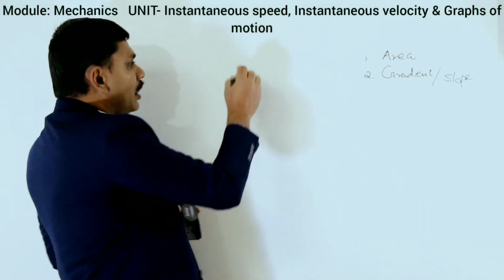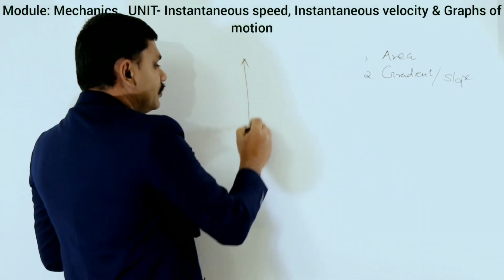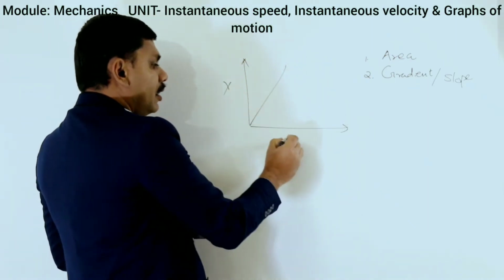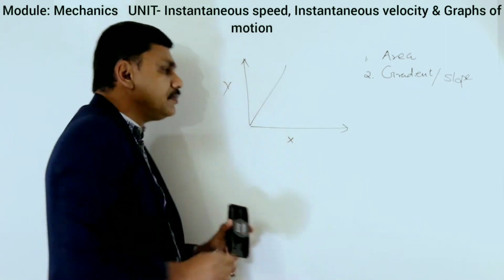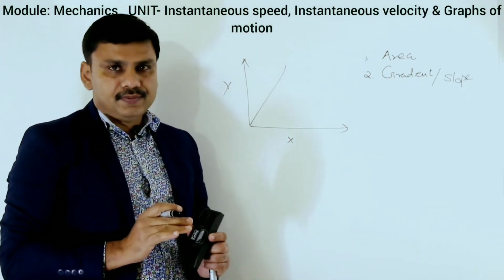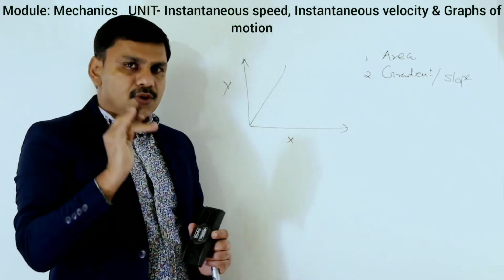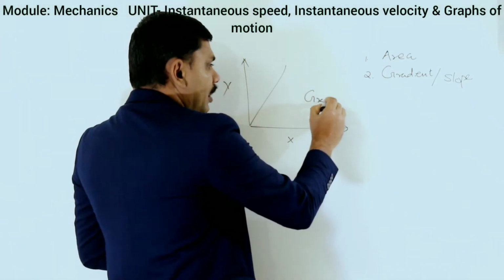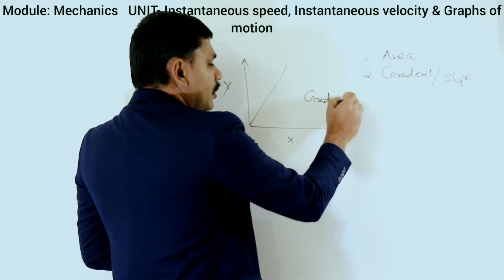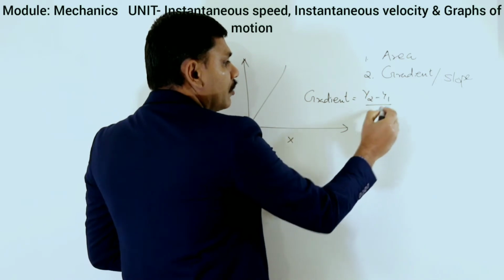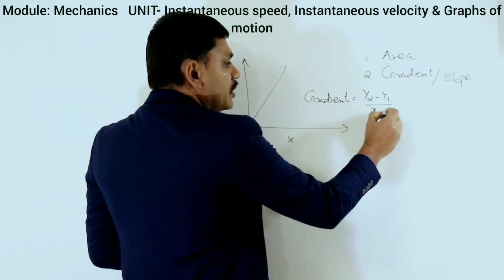Another thing you can calculate is the gradient. If the graph is like this, y versus x, how will you calculate the gradient or slope of the graph? In mathematics you learned that slope or gradient of the graph equals y2 minus y1 divided by x2 minus x1.